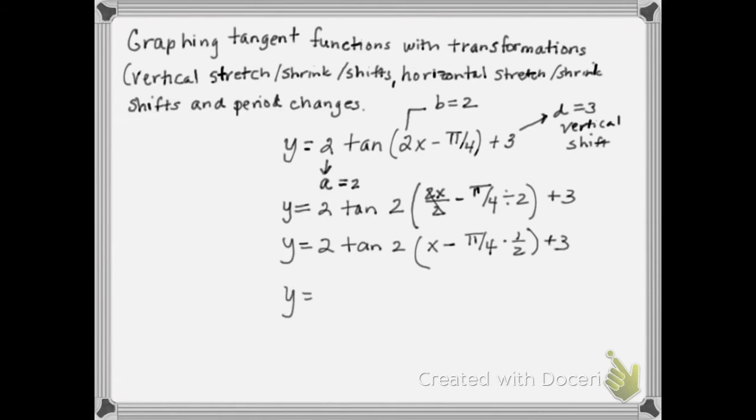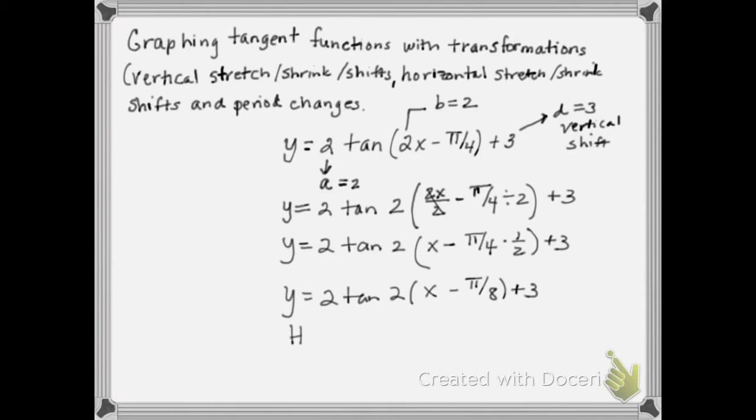So I have y equals 2 tan of 2 times (x minus pi over 8) plus 3. So I can actually find my horizontal shift now because it's easier to spot.